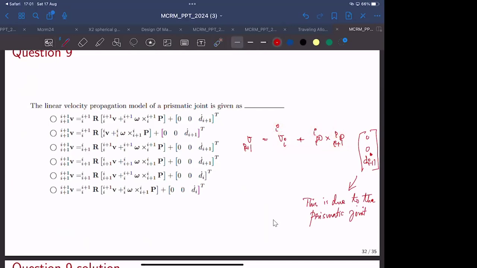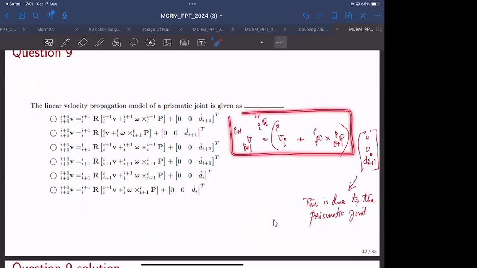In order for us to express everything with respect to the I+1 frame, we have to pre-multiply the right-hand side with the rotation matrix of I+1 with respect to I. So this would be our velocity propagation for prismatic joints.